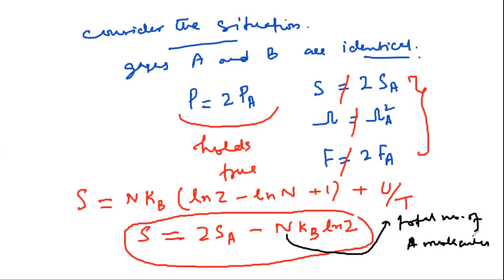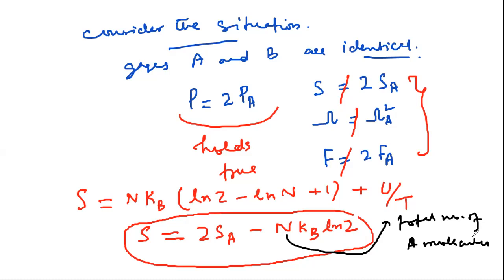So you can see, as entropy is the measure of disorder, from this expression you are seeing this degree of disorder is lessened by the competition. If the molecules were not competing for the states, then S is 2SA, but because of the competition for the states, we get this minus N KB ln 2 term.